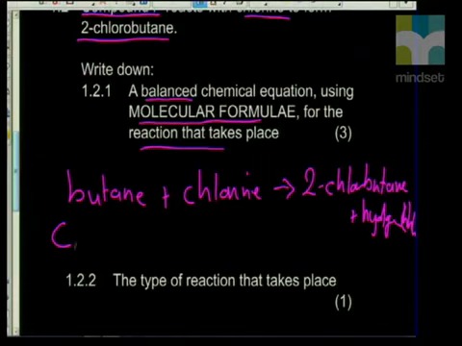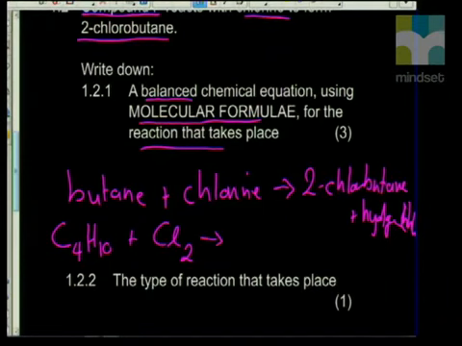Butane would be C4H10 plus Cl2. Remember, chlorine is diatomic, so we can't just have Cl on its own. It's a chlorine gas. We're going to bubble these two gases together. Butane at certain temperatures may even be a liquid, might be bubbling chlorine through butane.